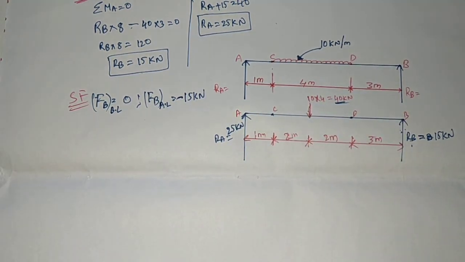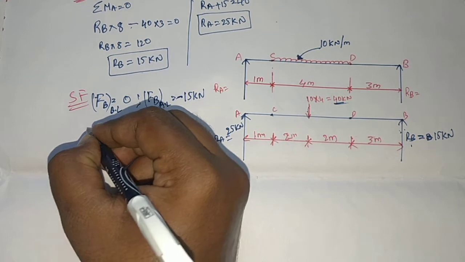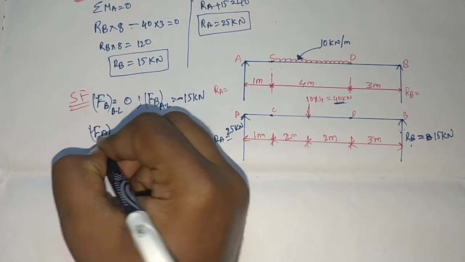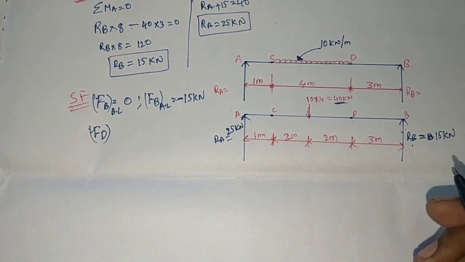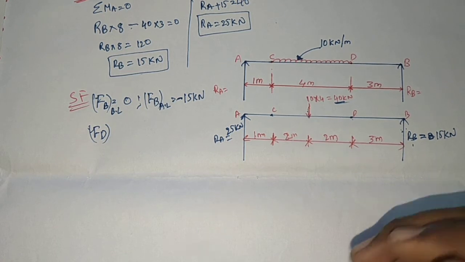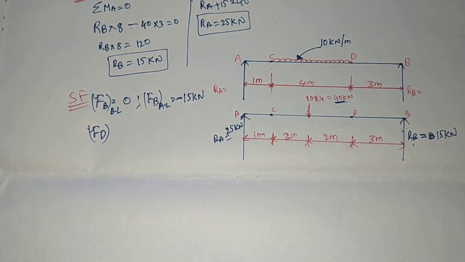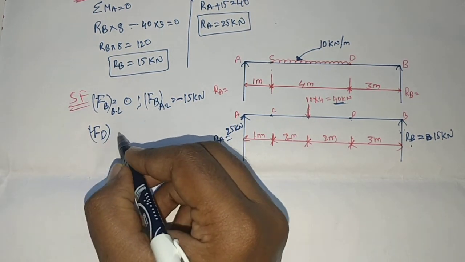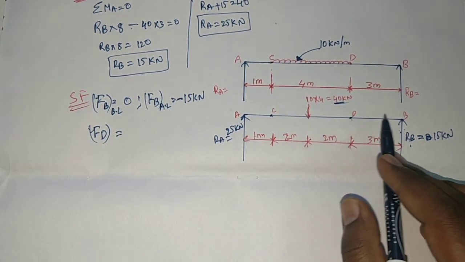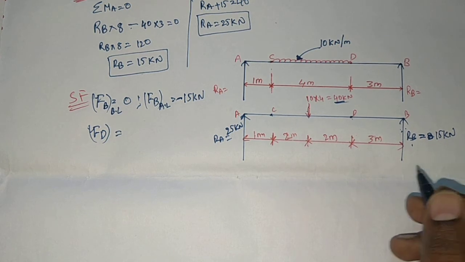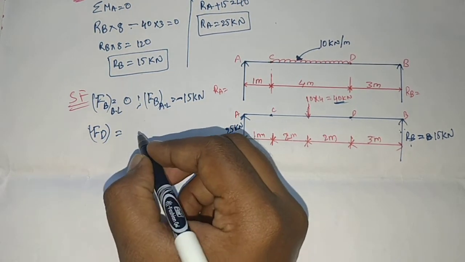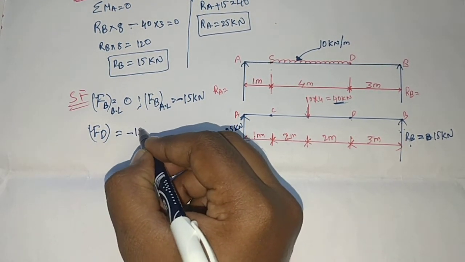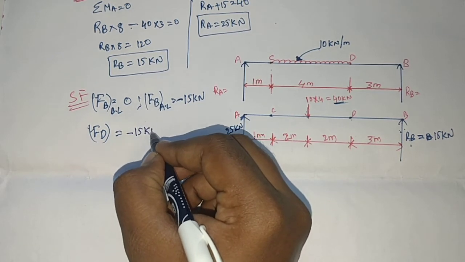Next, shear force at point D. At point D there is no load applied, so we do not need to calculate before and after, only at one point. The shear force at D equals the right side of D, where only one reaction force acts, 15 kilonewton upward, so it is negative.